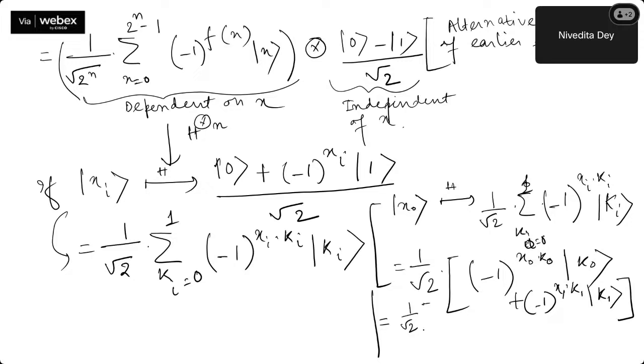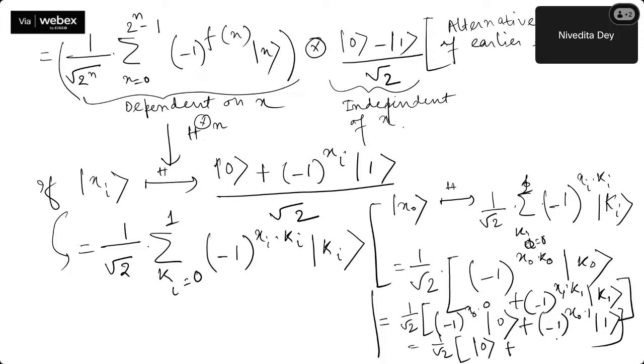So 1 by root 2, now minus 1 to the power x0 dot 0, because k0 can be 0 to 1, so x0 dot 0 times ket 0, plus minus 1 to the power x0 dot 1 times ket 1. Which is nothing but 1 by root 2. Now anything to the power 0 is basically 1. So 1 by root 2 ket 0 plus minus 1 to the power x0 times ket 1.